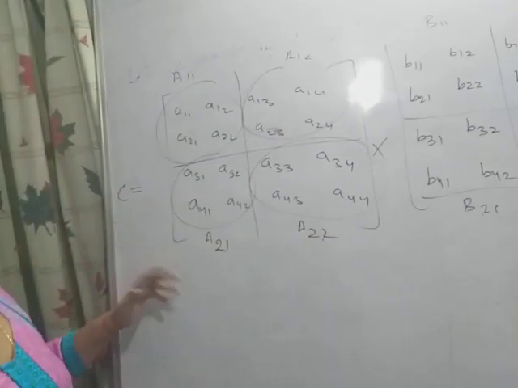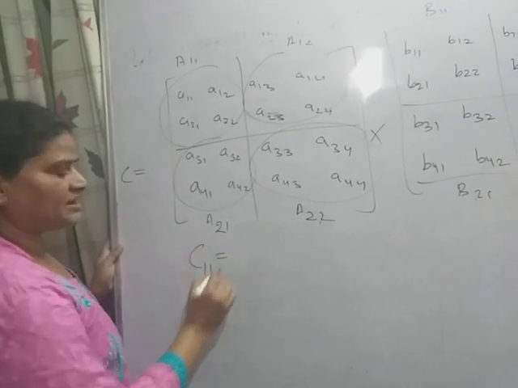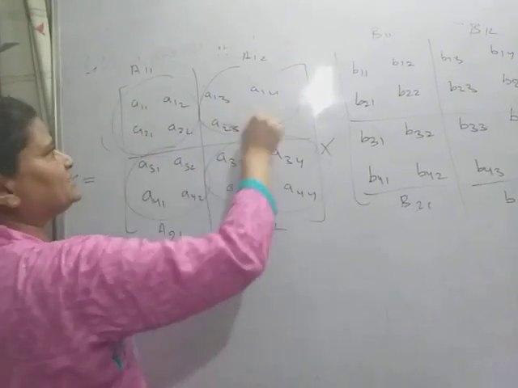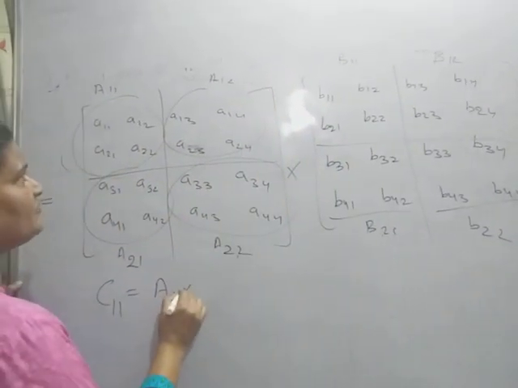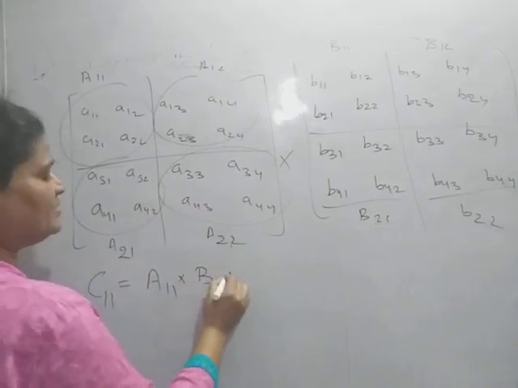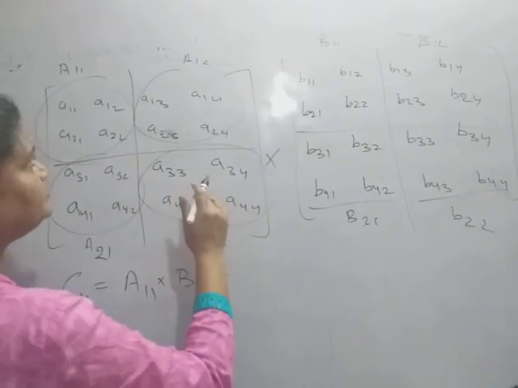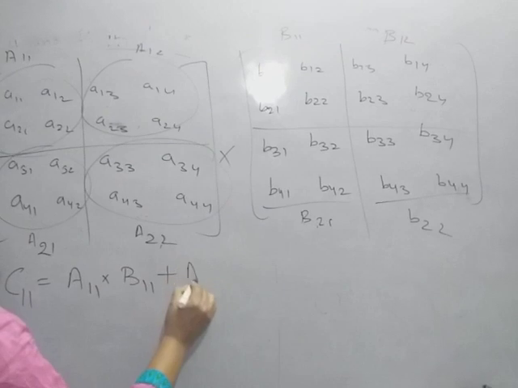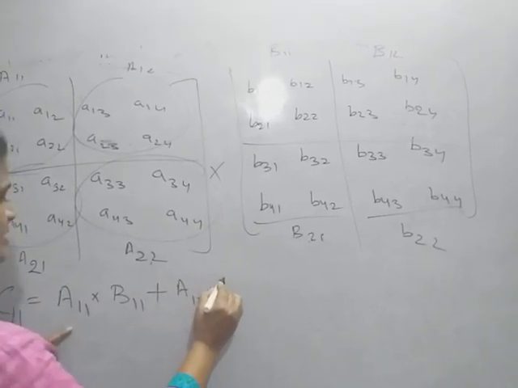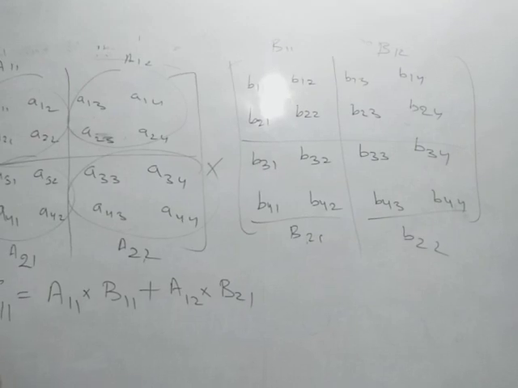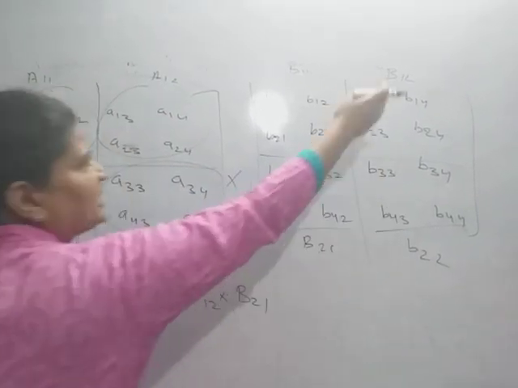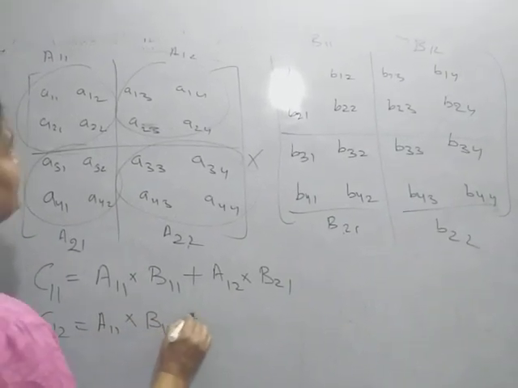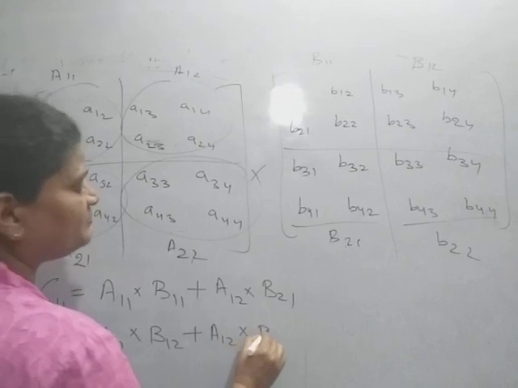Now with this, C11 can be computed as in ordinary matrix multiplication: A11 into B11 plus A12 multiplied with B21. This is C11. Now C12, the same row is multiplied with the next column: A11 multiplied with B12 plus A12 multiplied with B22.